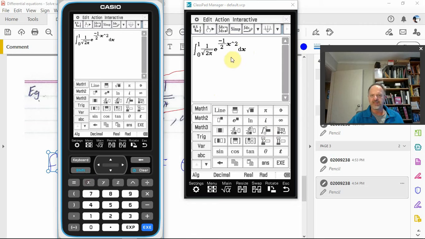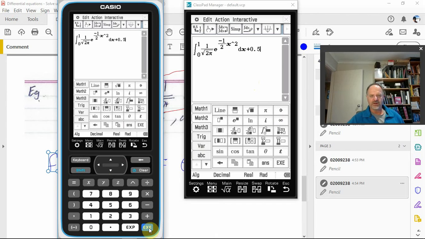So we want x, and so see how that cursor's now little. So if I enter anything now, what the calculator thinks is that's what I'm integrating with respect to. So what you need to make sure you do is click to the right, see now the cursor's got big. So now that the cursor's got big, I go plus my 0.5.